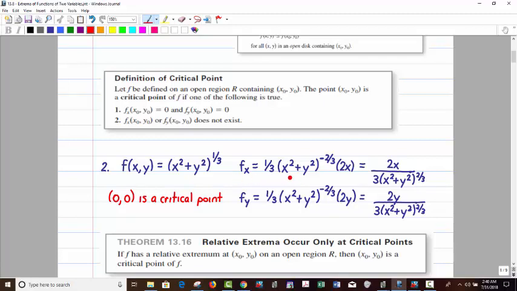Here's the x partial: bring the 1/3 down, negative 2/3, the derivative of the inside with respect to x would be 2x. And for the fy, the only difference is a y. Now, 0, 0 is going to be a critical point because the partial derivatives do not exist at 0, 0, but it would exist in the original function. That would make it a critical point by using the second definition. Mostly we'll be using that first definition.